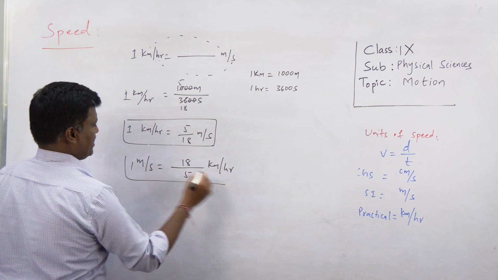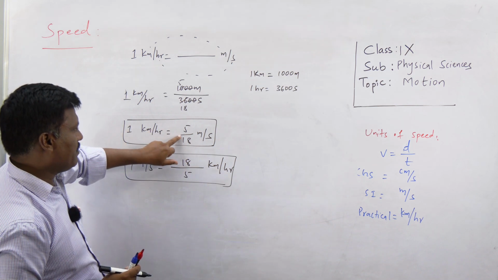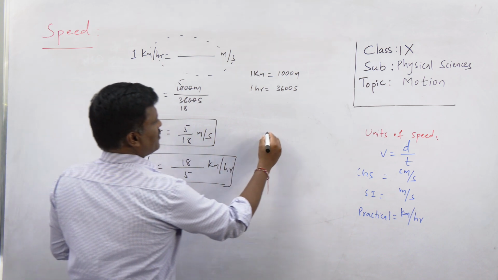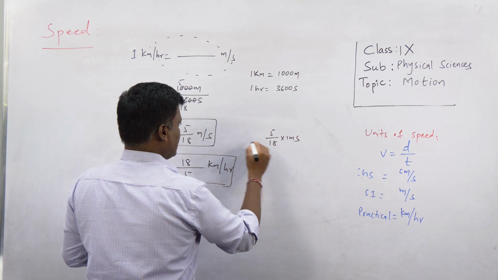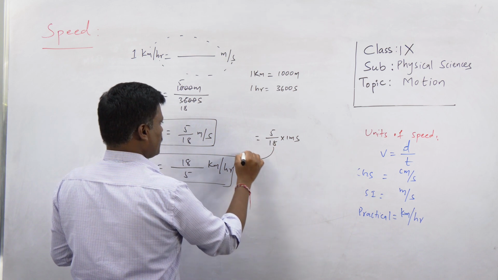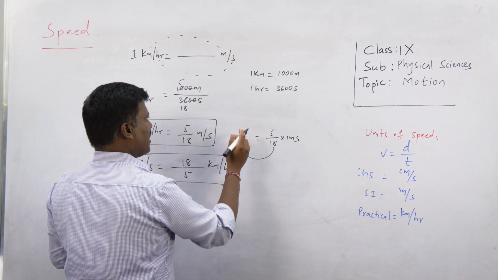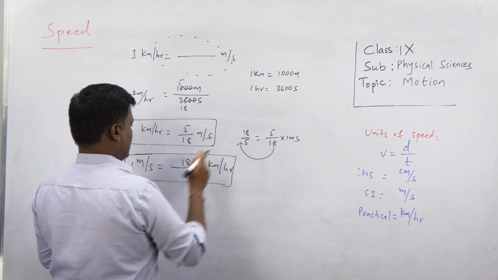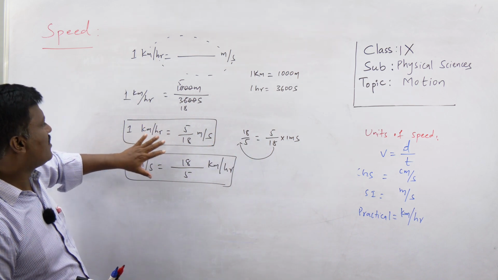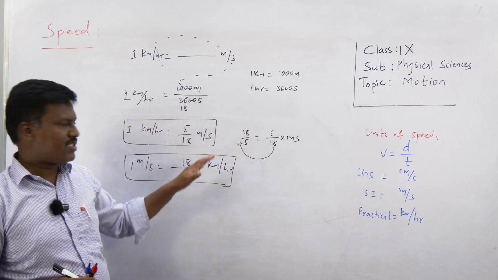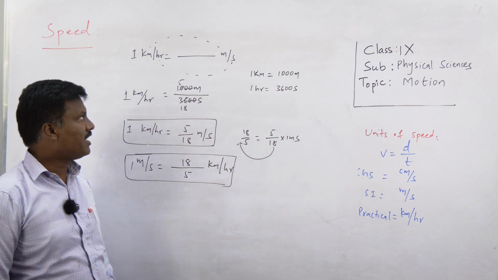You have to remember this also. Just imagine 5 by 18 meter per second can be written as 5 by 18 into 1 meter per second. If you transpose this from RHS to LHS, it becomes 18 by 5. That is what I have written here. Understood? This is the conversion of kilometer per hour into meter per second and meter per second into kilometer per hour. Clear?